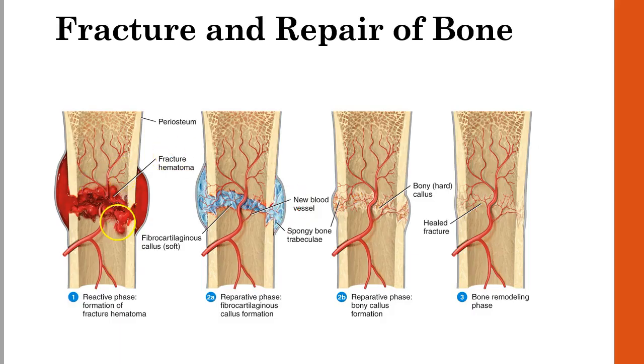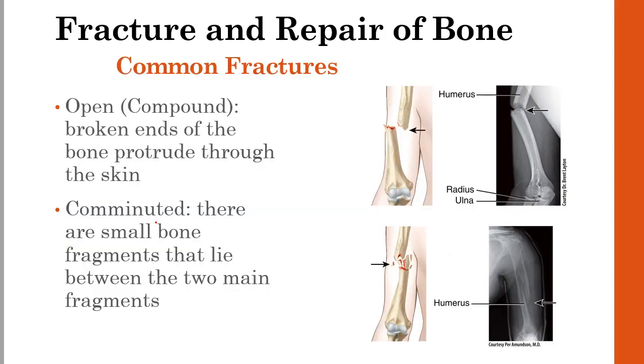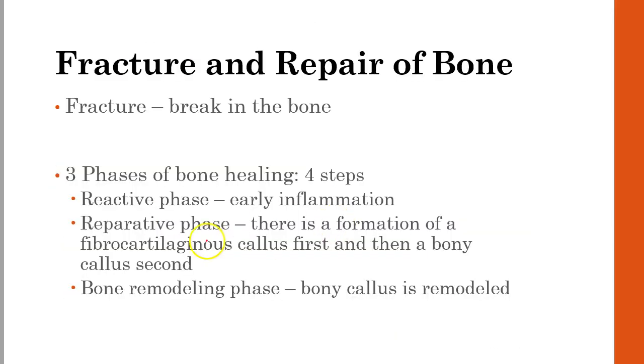So we have a large amount of blood flow to that area. This is going to help with keeping infection at bay. It's going to help with bringing in fibroblasts, osteoblasts to the area to help heal this fracture.